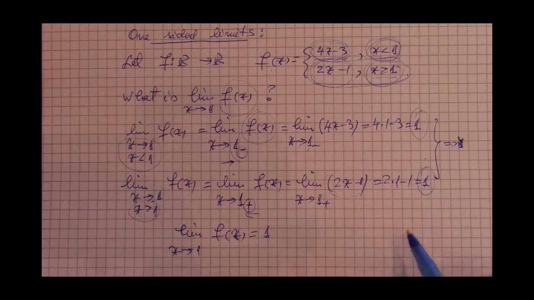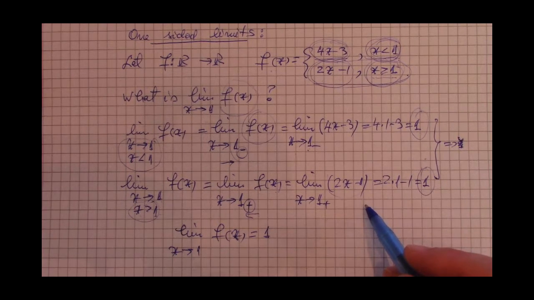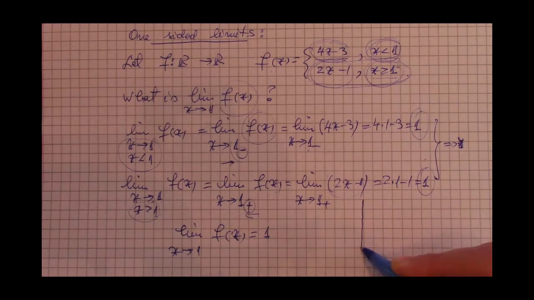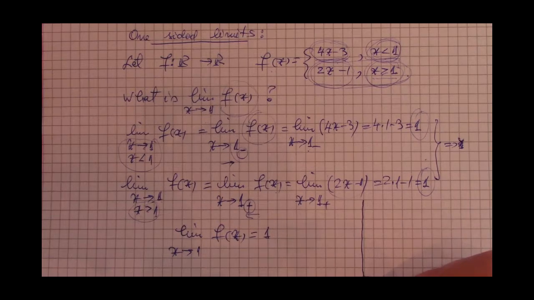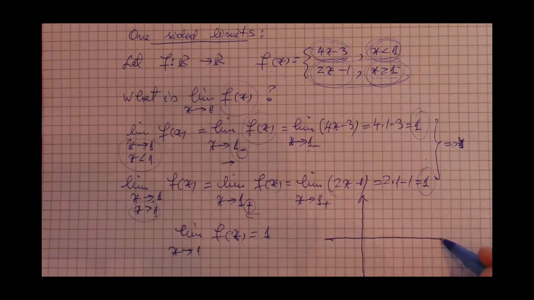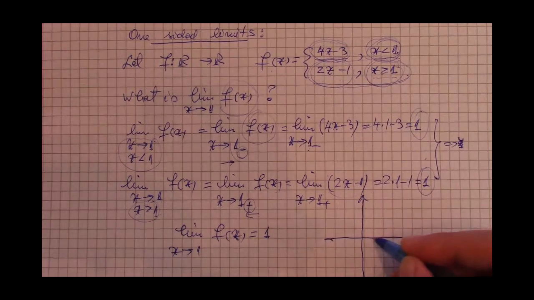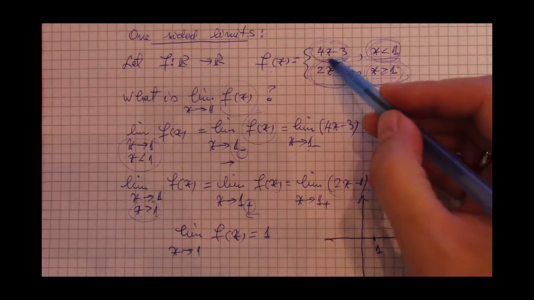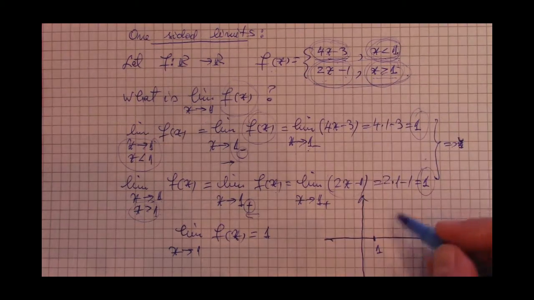Now, if we want a visual representation of this whole scenario, we can try to represent our function. If x is less than 1, so here is 1, that's where we change from one definition to another definition of the function.